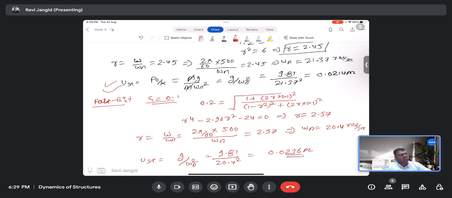Okay, any doubt in this question? This is a very simple kind of last problem. Okay, any doubt?